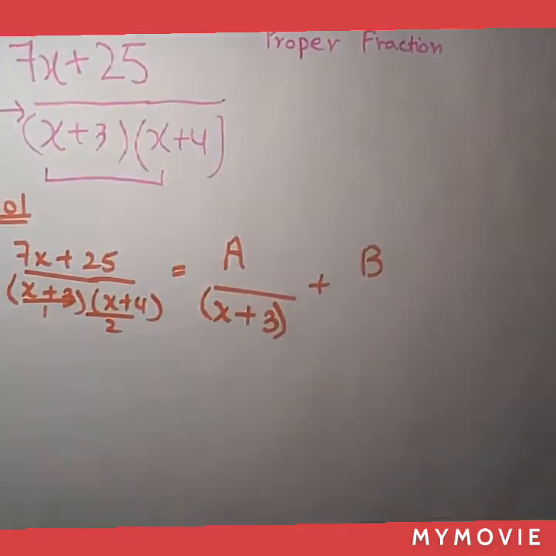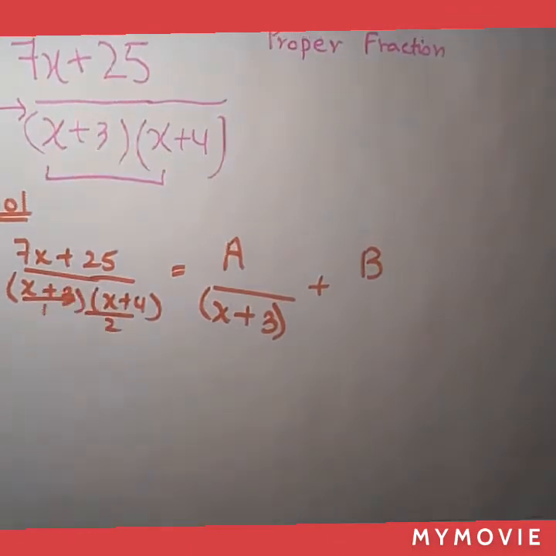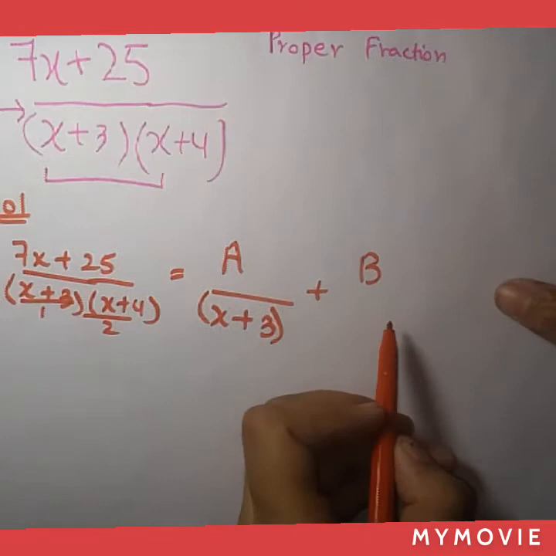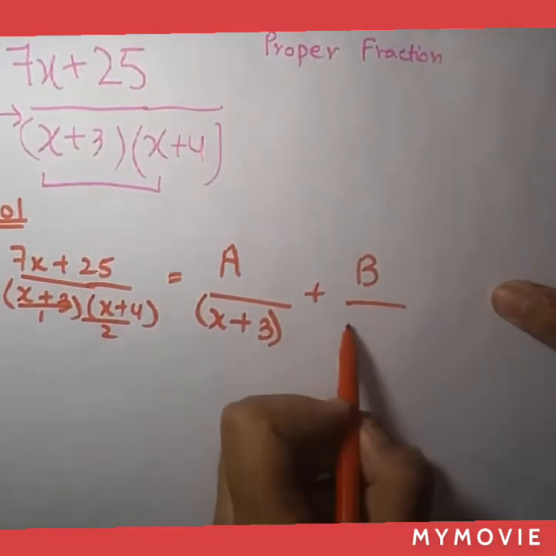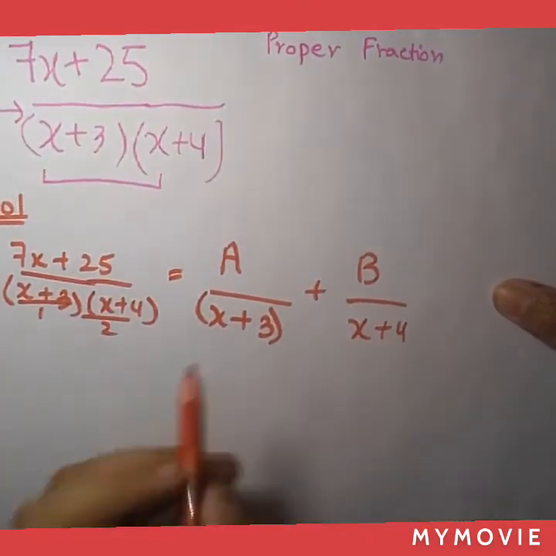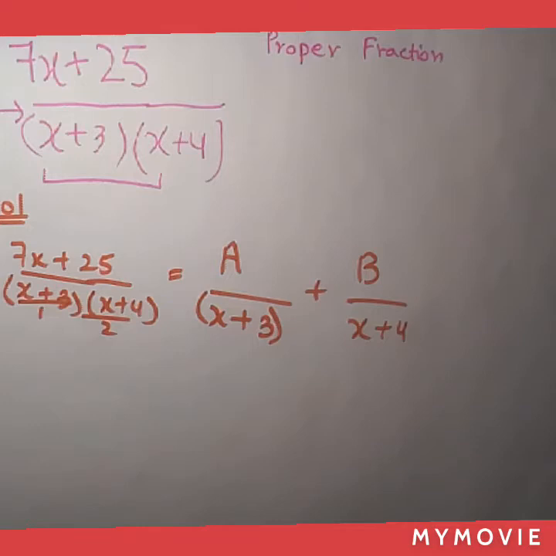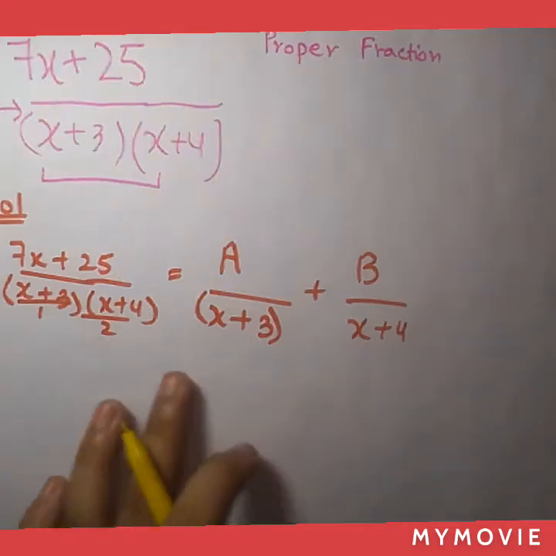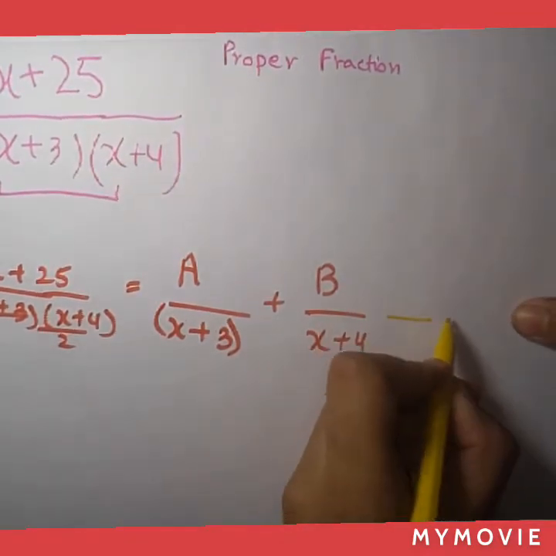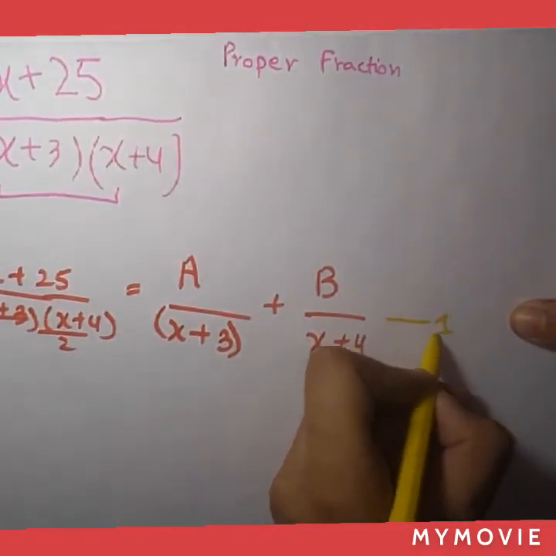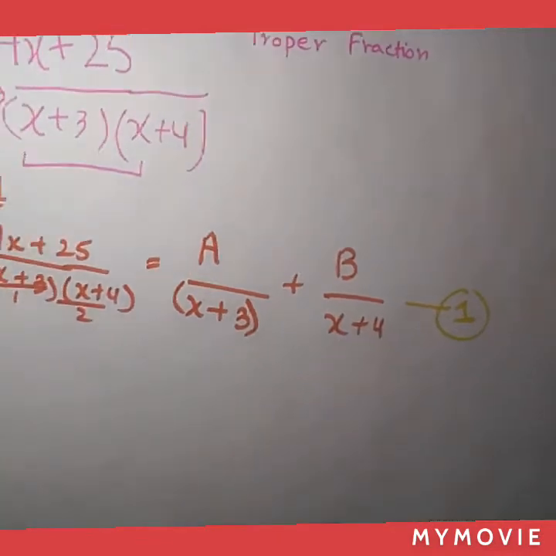When there is a minus in the numerator, the sign is independent. Don't get confused over it. Then B over (x + 4). This is our first step, and we give it the equation name 1.